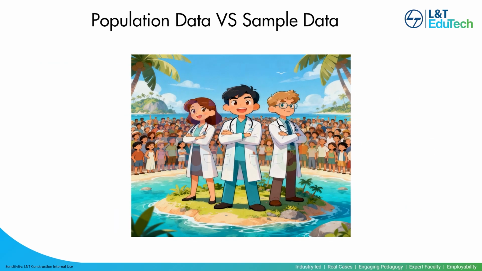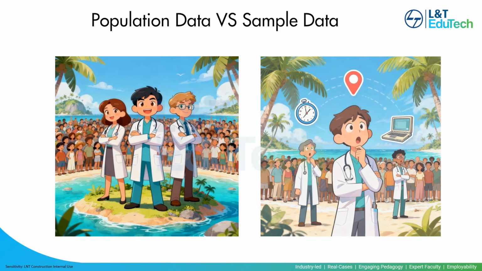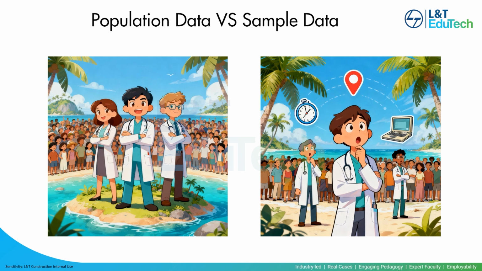To find the average weight, researchers would have to visit every single person, weigh them and record the data. In theory, it sounds easy, but it is almost impossible. Some people live in remote areas, so it is an island, right? It is very far away from the mainland. Some have gone fishing.